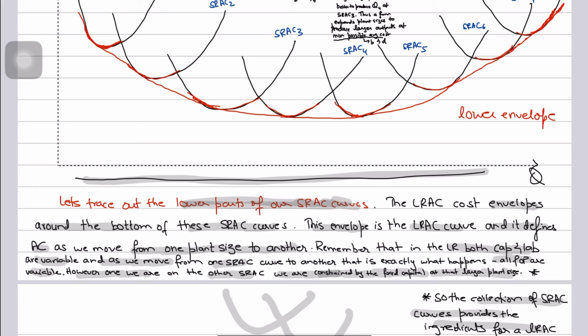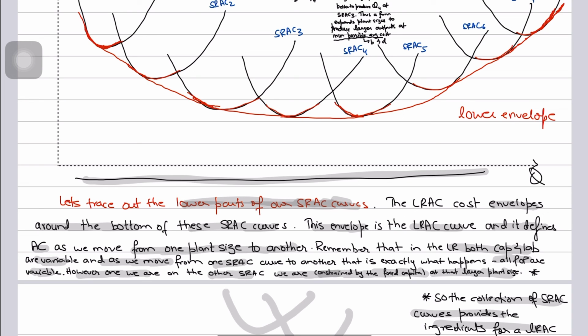You don't need to write that line, but the line you do need to write is that the long run average cost curve is traced out as the lower envelope of the short run average cost curves, where multiple short run average cost curves are tangent to the long run average cost curve.